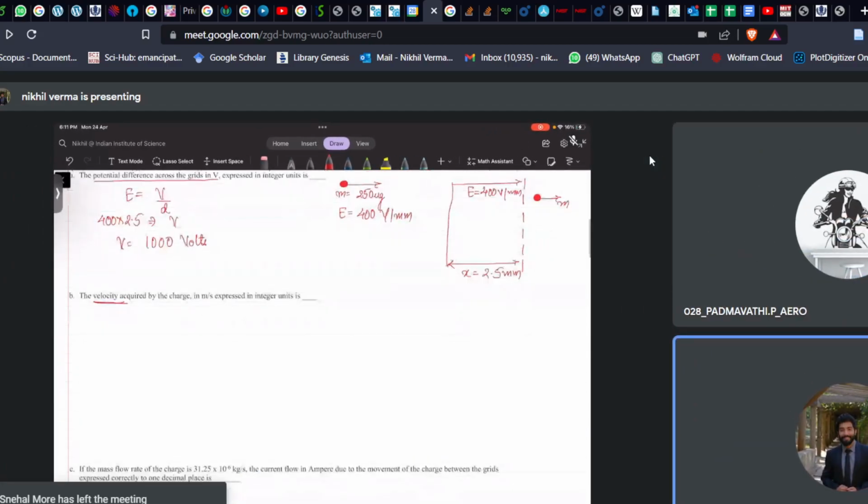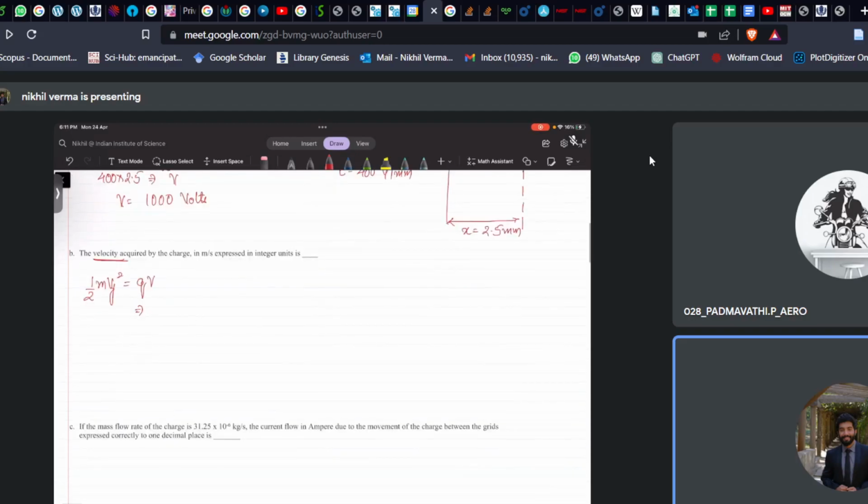To calculate this, we equate the kinetic energy to the work done on the mass.